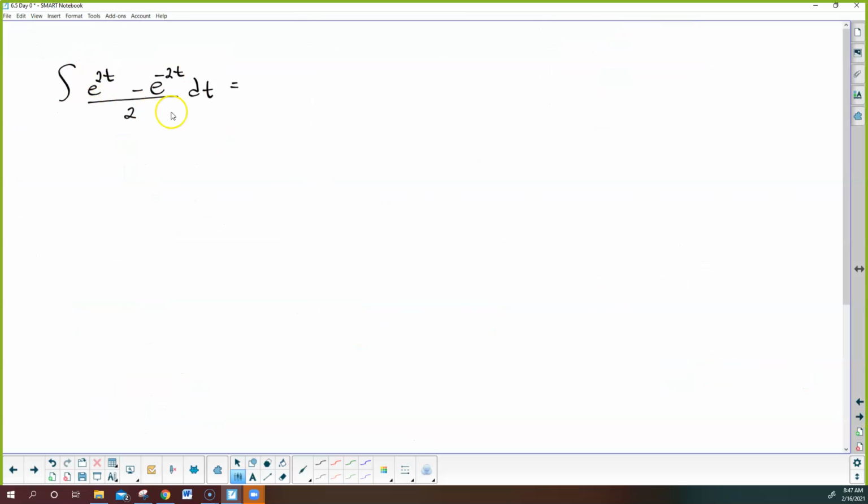Okay, so like right here, I don't have a rule on this chart that specifically gives me e to the 2t minus e to the negative 2t. But we're going to start introducing something here.